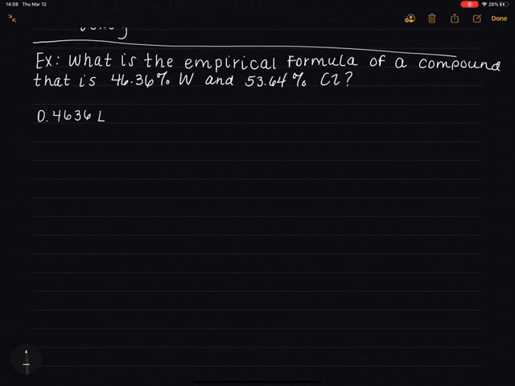So we need to work this backwards. We're starting here. We need to end up here. But we've got a wee bit of a problem in that we don't know that number. What would we like to know? What is always useful to us? Moles.